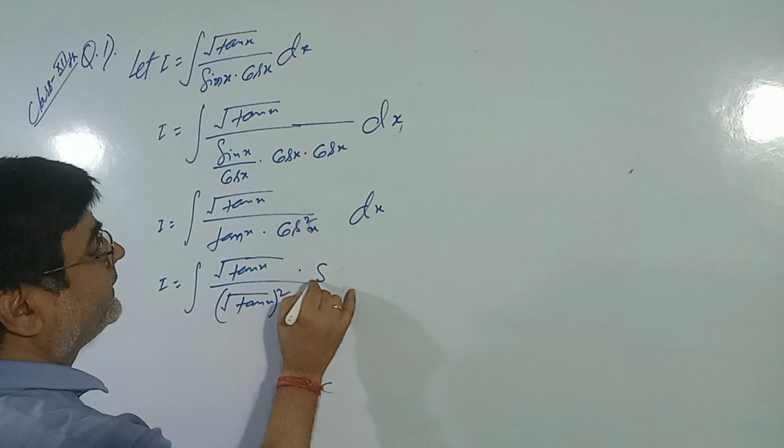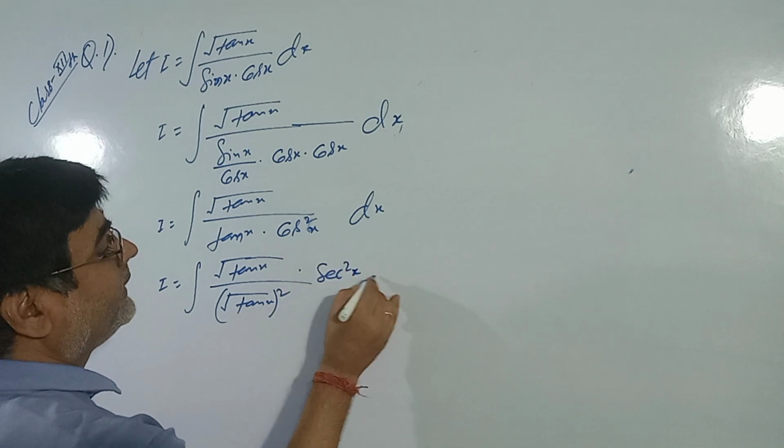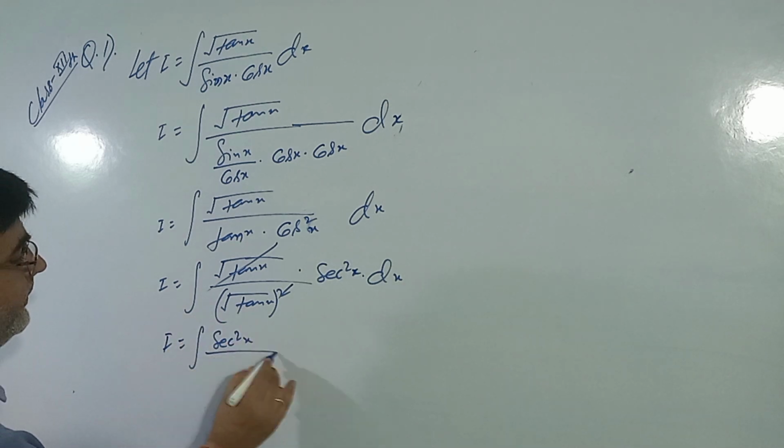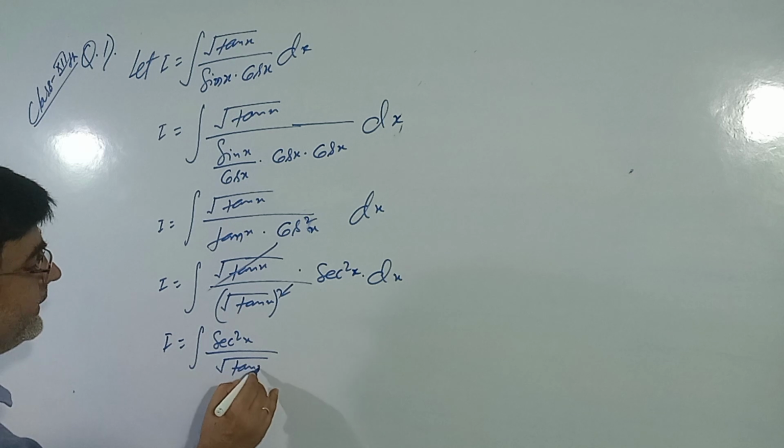Right, students? Sec square x dx. So root tan x and square cancel out. Now I equals sec square x by root tan x dx.